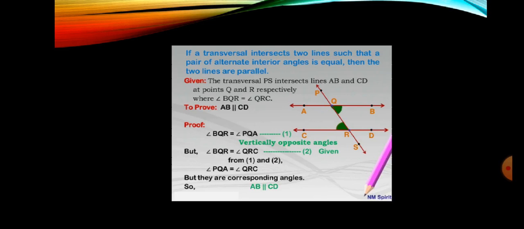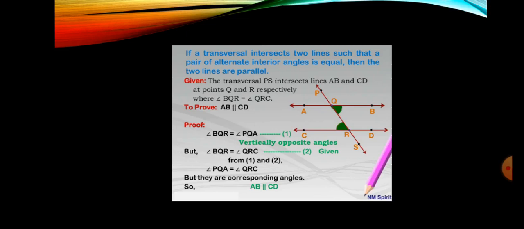Now, our given part is that transversal PS intersects lines AB and CD at points Q and R respectively, where angle BQR is equal to angle QRC. We have to prove AB is parallel to CD.